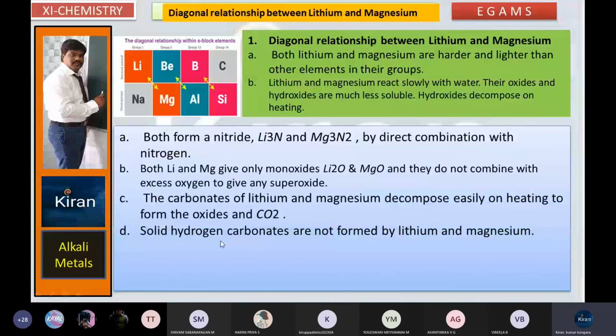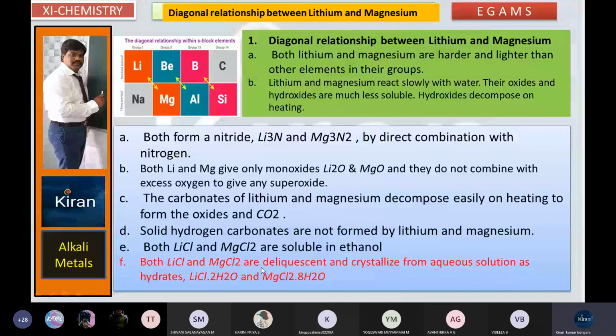Both lithium chloride and magnesium chloride are deliquescent and crystallize from aqueous solution as hydrated LiCl.2H2O and MgCl2.8H2O. Both are available in the hydrated form, two H2O molecules with lithium chloride and eight H2O molecules attached to magnesium chloride. So these are not available in the dried state, but as hydrated salts.